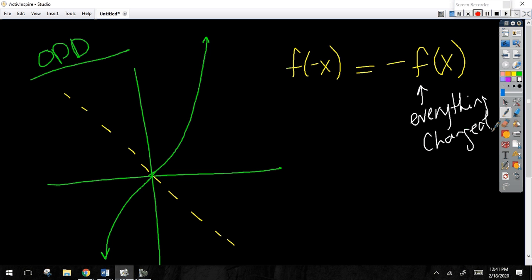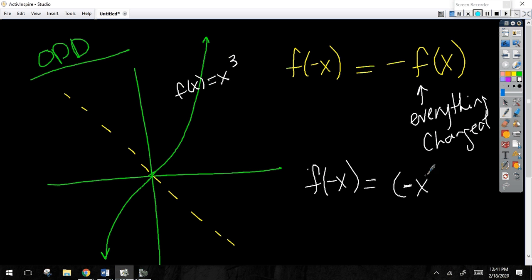So, for example, this is x to the third. Okay? If I did f of negative x, so I plug a negative x in there, I get negative x to the third.